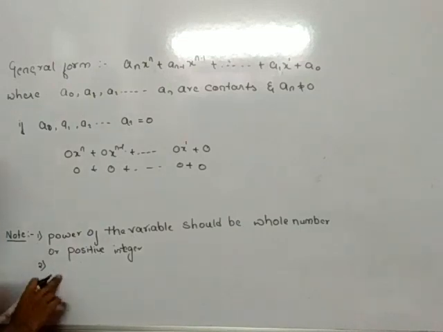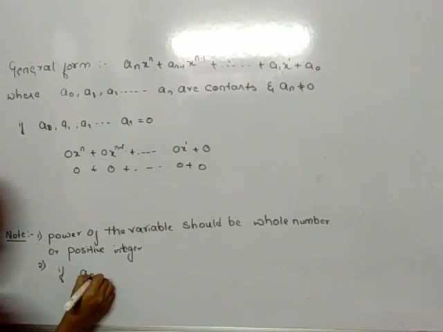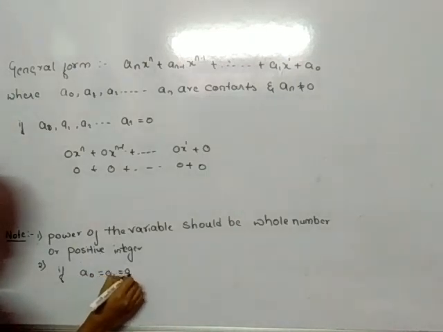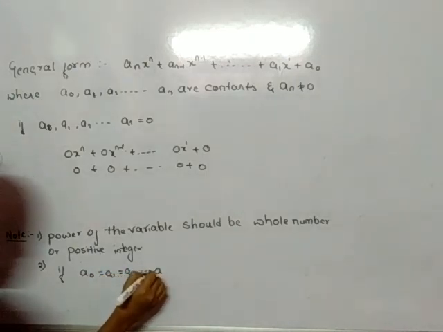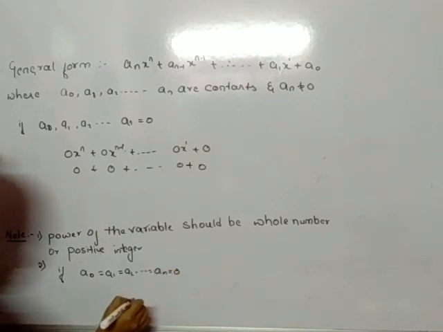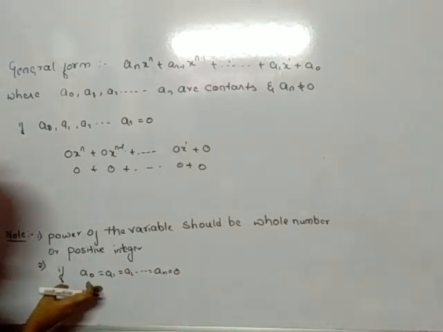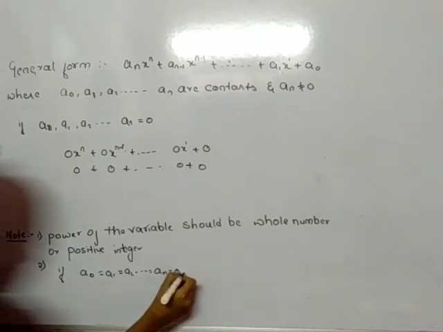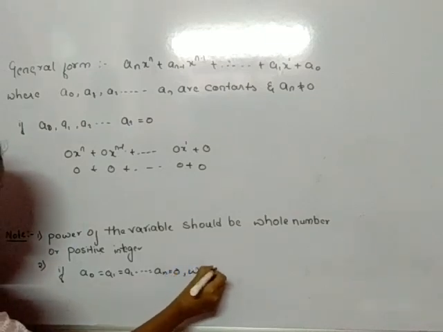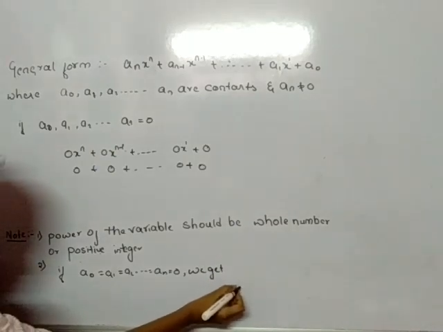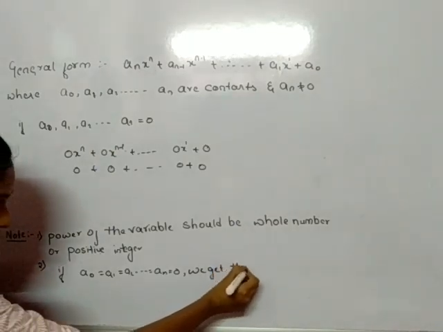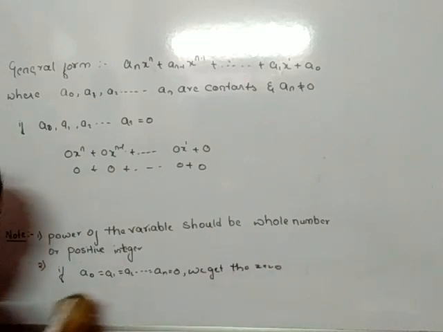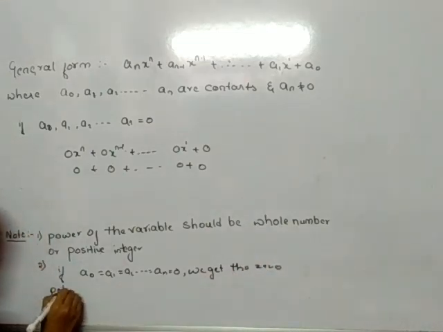We'll write here a second note: if a naught equals a1 equals a2, so on, is equal to 0, that means all constants became 0, we get the 0 polynomial.